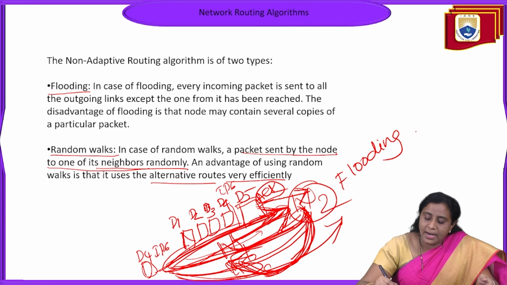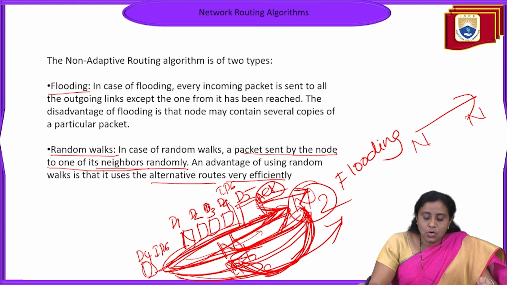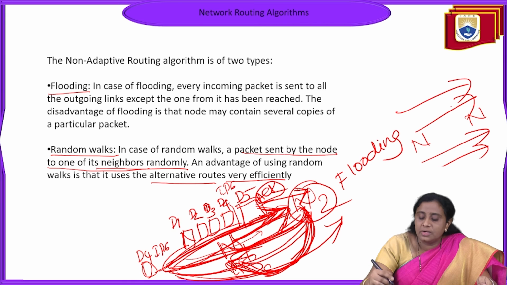That means a packet is transmitted from one node to another node. Whenever it reaches, the second path will also be there, the third path will also be there, the first path will also be there. Whenever a packet is ready to transmit from one node to another, it automatically reaches the destination.